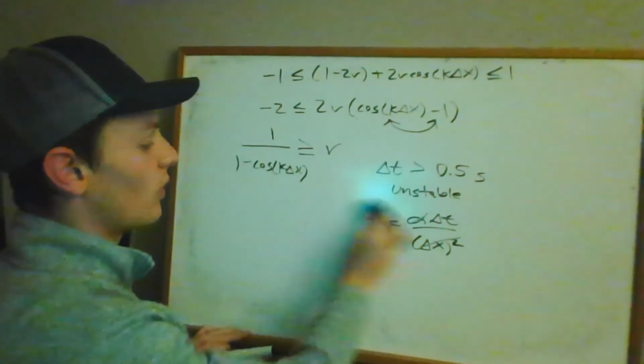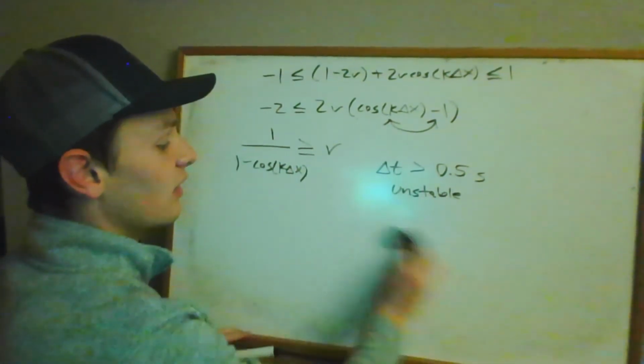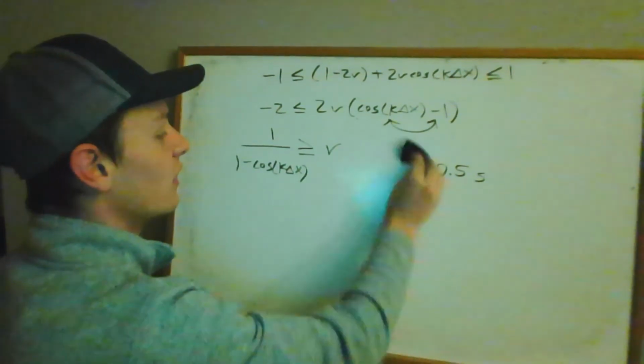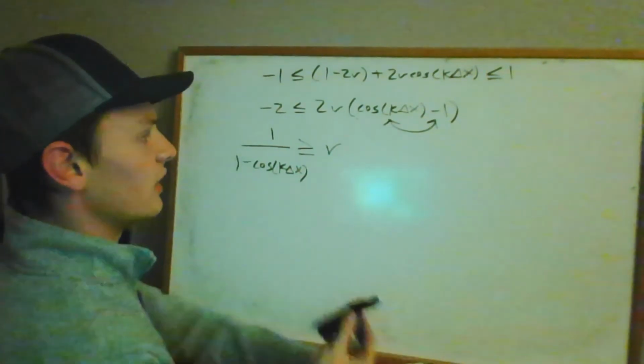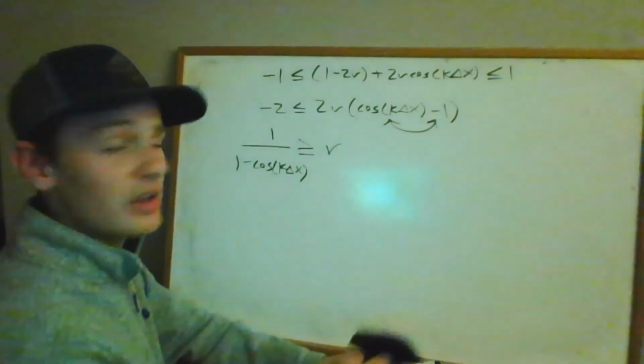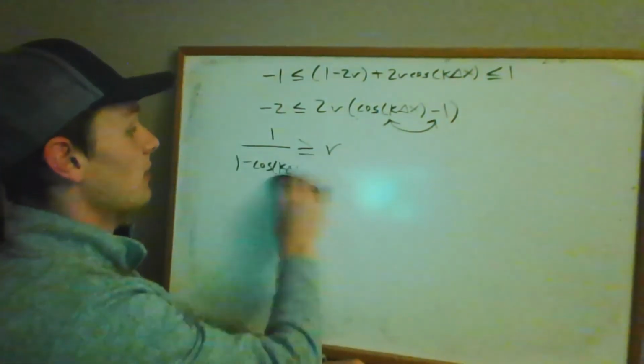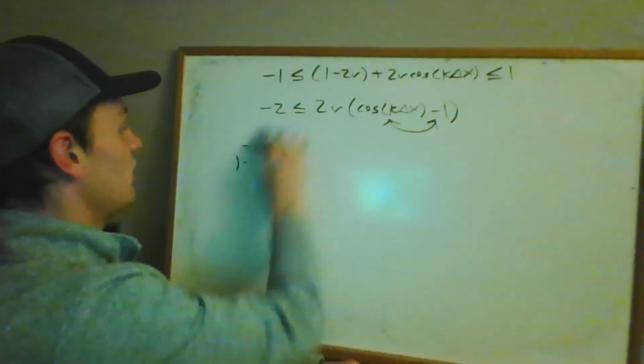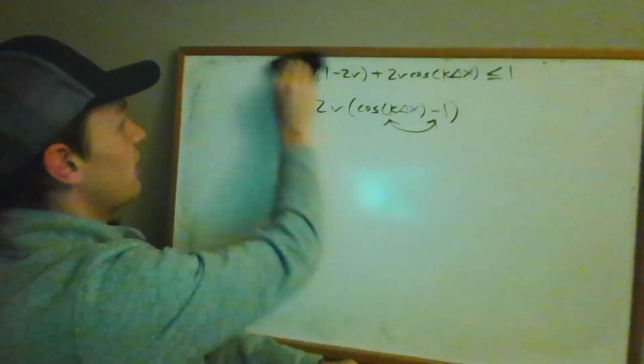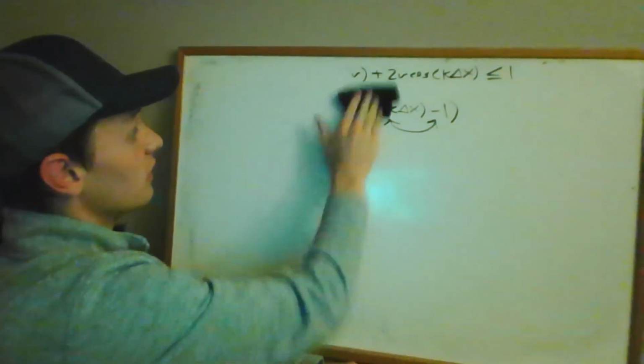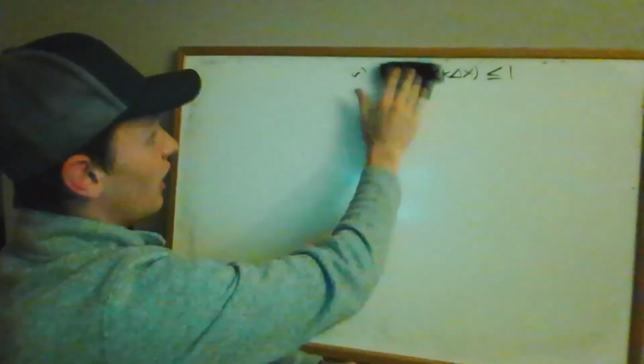So I hope you enjoyed watching this video and came to understand a lot more about the von Neumann stability analysis and its utility in supporting an observation we made in which the method that we used, the explicit differencing method, was unstable at a certain point.